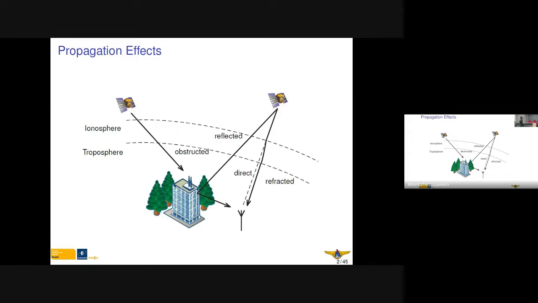We would like to only use a direct signal that is propagating in vacuum. This would be the best case to do precise ranging. As we now have these propagation effects, we have to correct them either in the time delay estimate or later in the positioning.